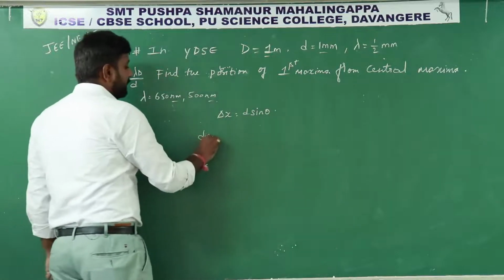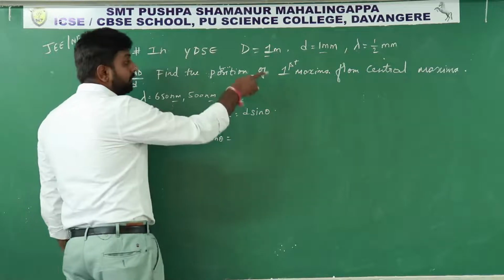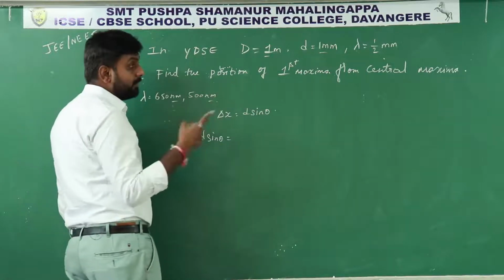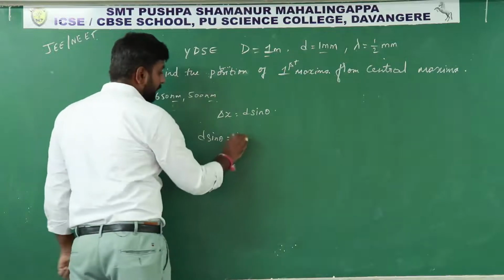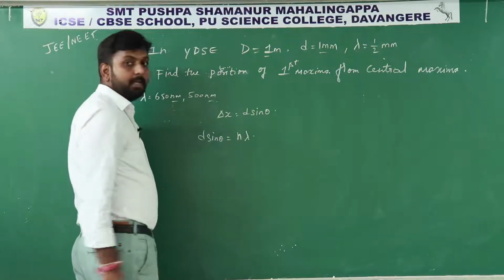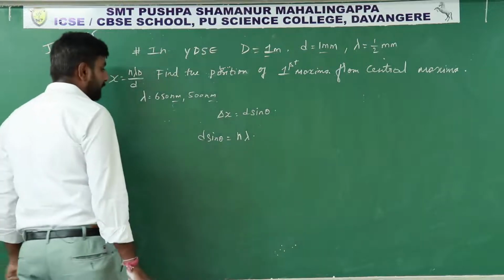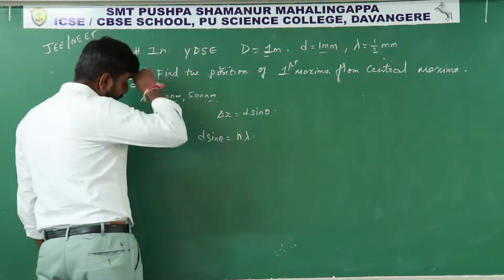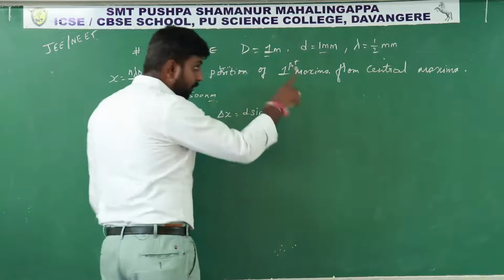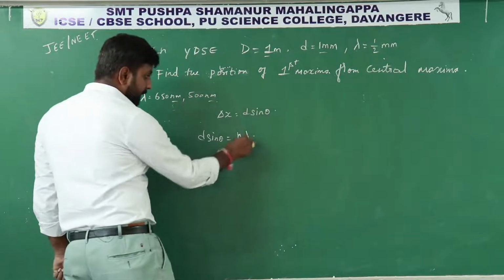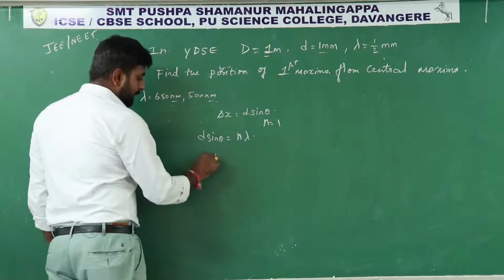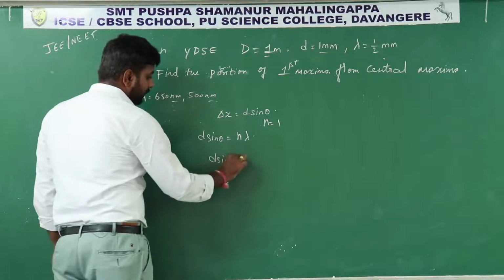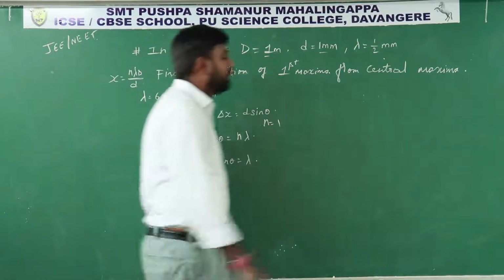Then this d sin theta should equal, since they are asking first maxima from central maxima, the first maxima's condition, d sin theta equals n lambda. Here n value becomes 1, so d sin theta equals lambda.